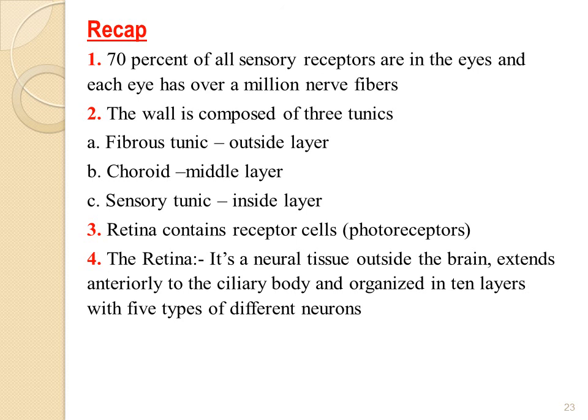Third, the retina contains receptor cells, the photoreceptors, meaning the rods and cones. The retina is a neural tissue outside the brain, extending anteriorly to the ciliary body and organized in 10 layers with 5 types of different neurons.